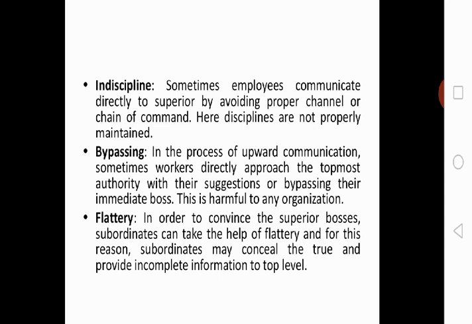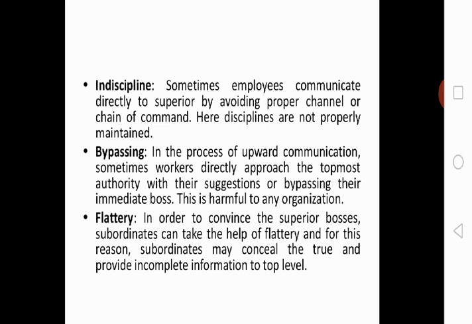In this process, sometimes the workers directly approach the topmost authority because they have that privilege to give their communication from down to up. So they will give their suggestions directly, bypassing their immediate boss. They will go to the top level. This is harmful to any organization.